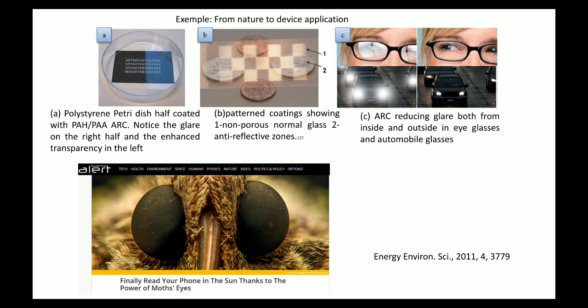But if we make an anti-reflective coating on this car, and if somebody uses a flashlight, which is coming in front of you, that light gets reduced.